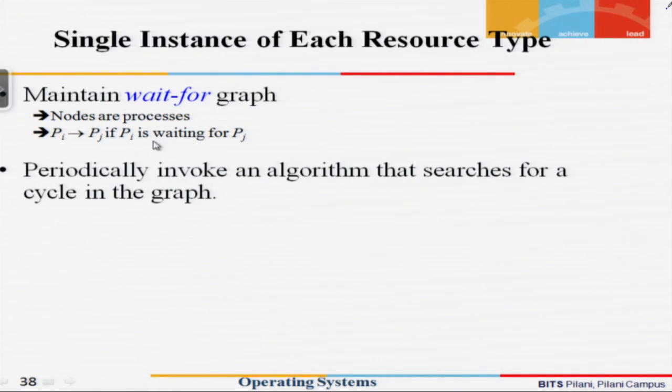That is, Pj is holding some resource which Pi is requesting. This is what it essentially means, that Pi is waiting for Pj.